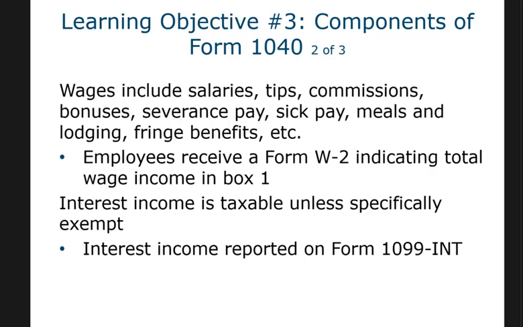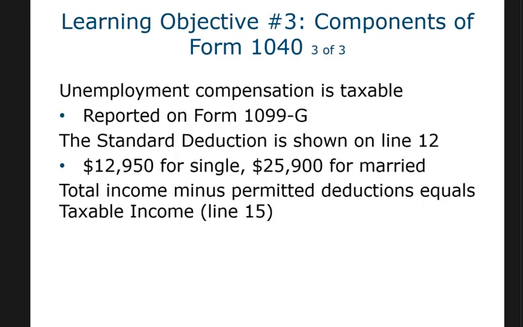If you get interest income, you may get a 1099-INT. Unemployment, 1099-G. All of these documents come from various places to report what our income is so that we can match it up on the tax return to what actually happened.